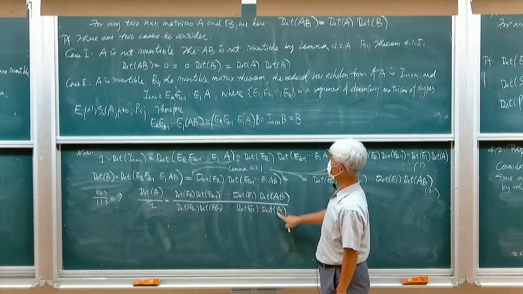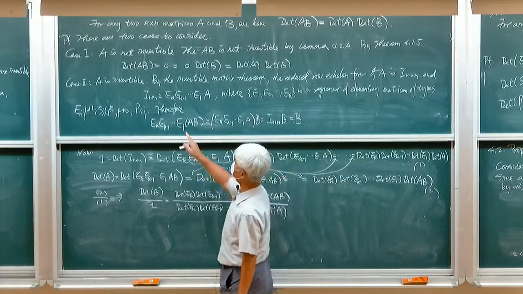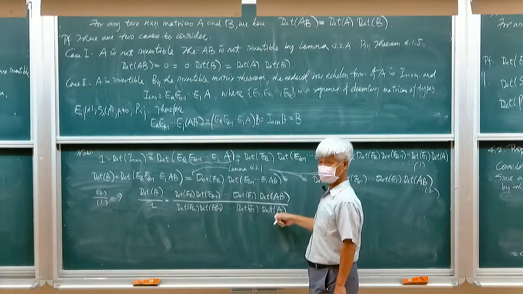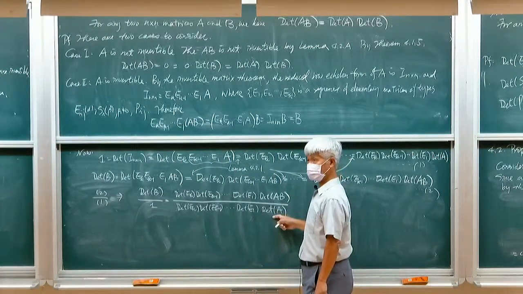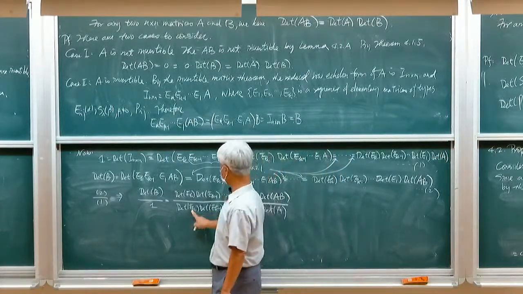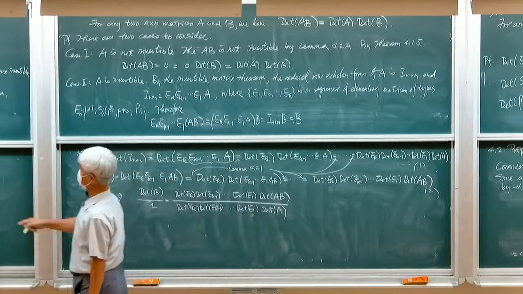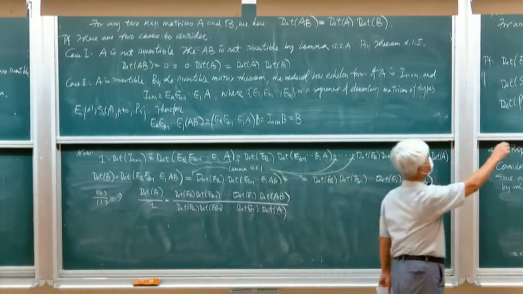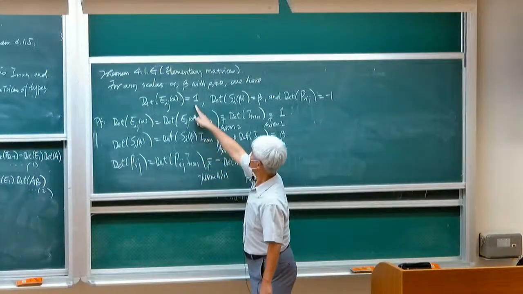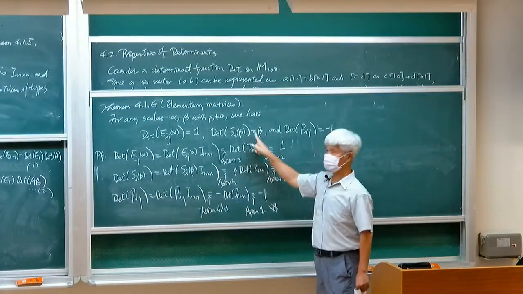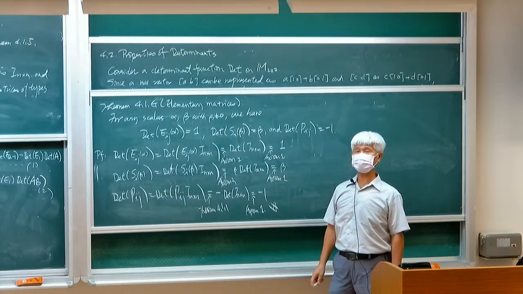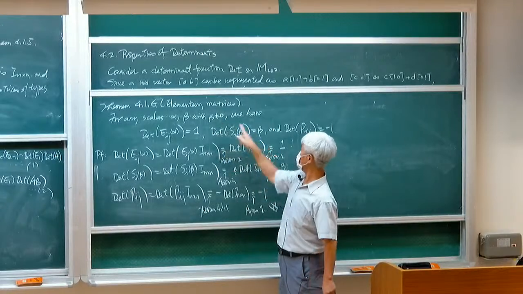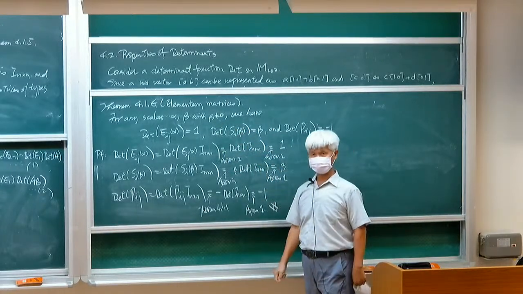Now, all the factors in the denominator are non-zero. Why? Because the determinant of A is non-zero, because A is invertible. So we are sure that it is okay to put it into the denominator. How about all the other factors? Well, from this theorem, the determinants of these elementary matrices are non-zero: 1 over beta with beta not 0, 1, minus 1.